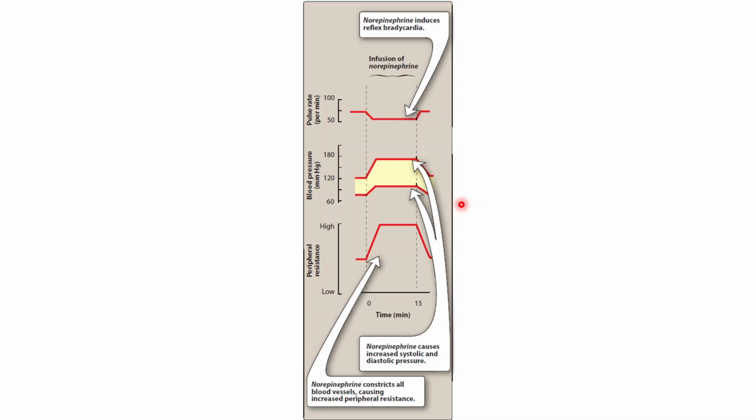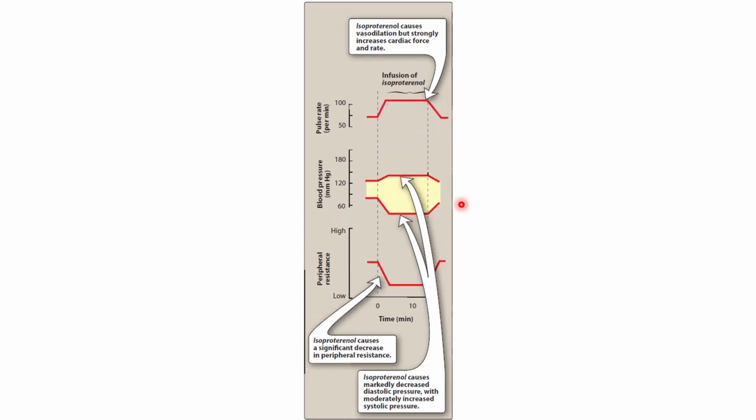That is why it should not be administered in peripheral veins, because that can lead to necrosis. The antidote is phentolamine, an alpha receptor antagonist. We will study phentolamine next week.